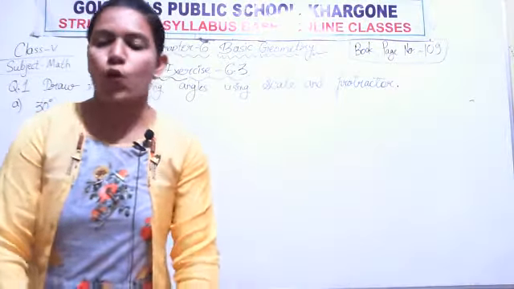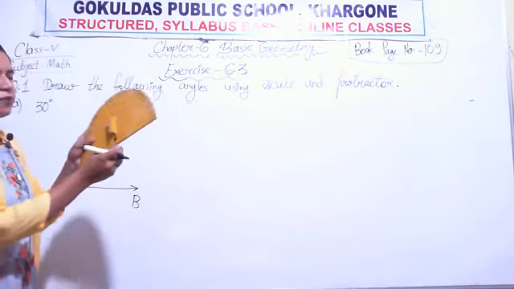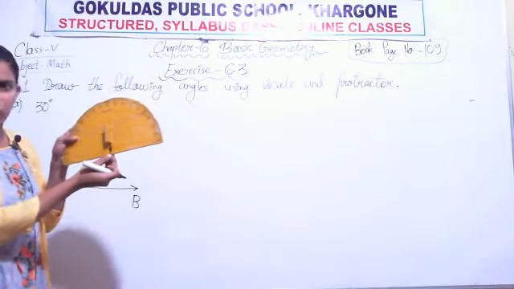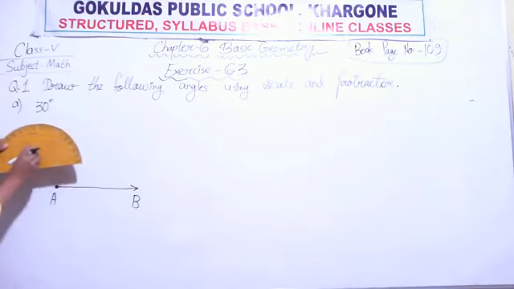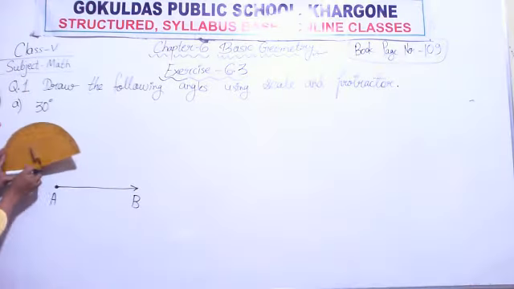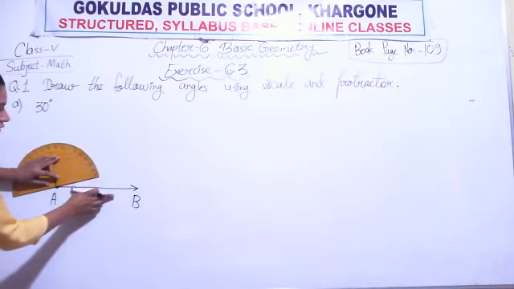Now step 2. Be ready with your protractor. Keep the center of the baseline on point A. You know the baseline of your protractor? Keep the center on point A and coincide the baseline with line AB.